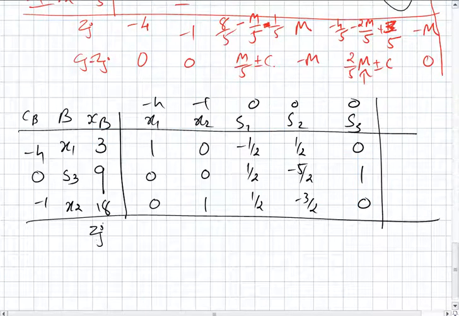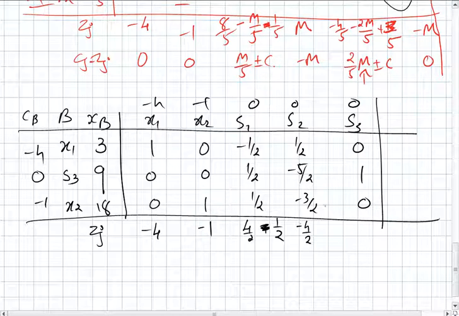Now again evaluate Zj, that is minus 4 times 4, it is minus 4, minus 1 times 1, it is minus 1. Here it will be 4 by 2 plus minus 1 by 2. Here it is 4 by 2 minus 4 by 2 plus 3 by 2, and here it is 0.